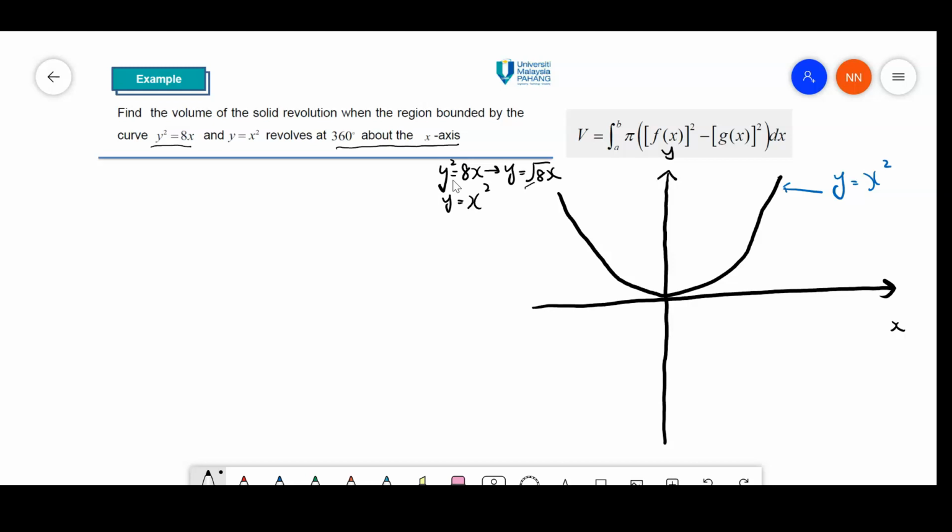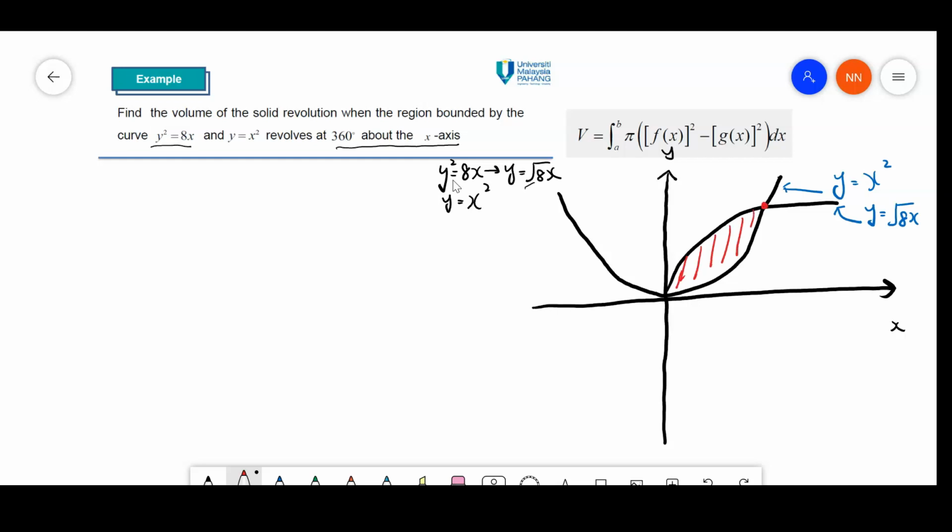So we are only interested in positive x here. Square root of 8x, you will have something like this. This is for y equals square root of 8x. So this is our region bounded by these two curves.